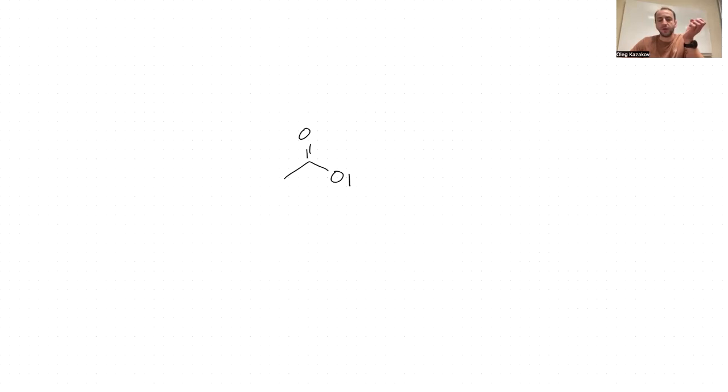Now if you remove the OH and switch it to NH2, you are going to make not acetic acid amide, but acetamide or ethanamide, which looks like this: CO, and here just NH2.